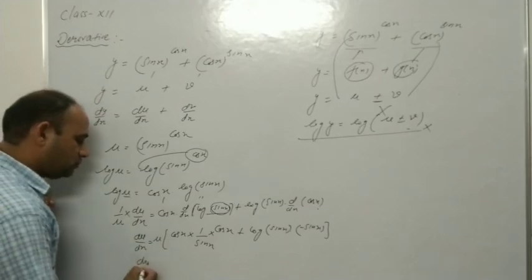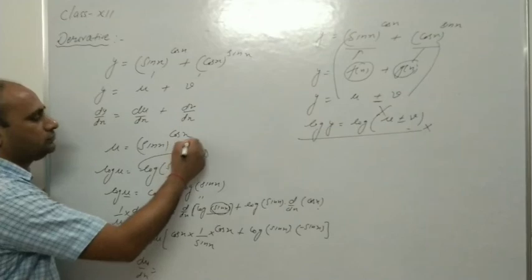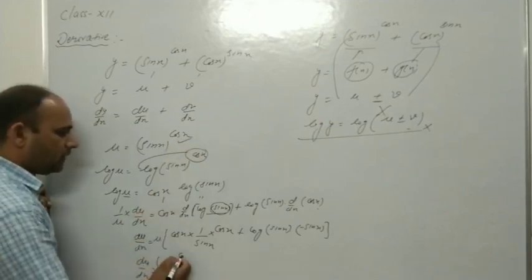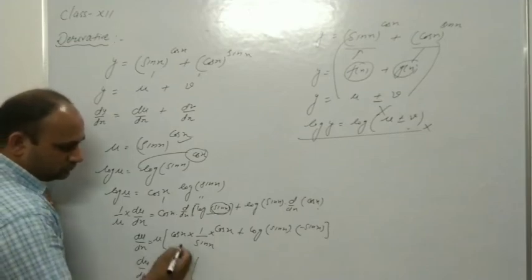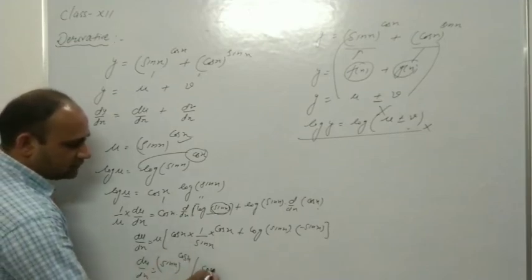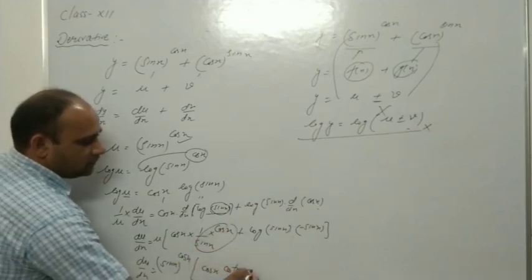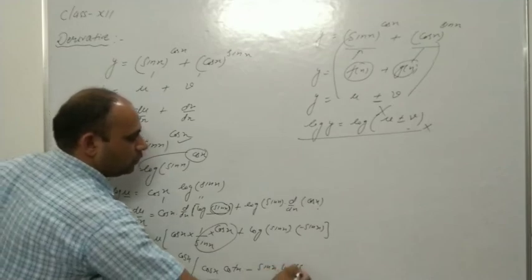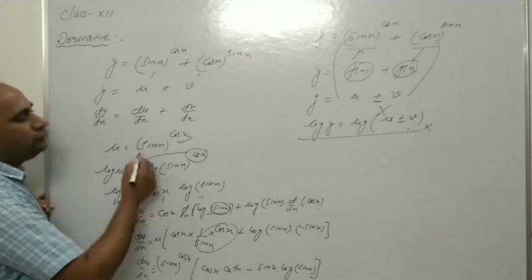So our du by dx is u, what is u? Sin x raised to the power cos x into cos x, cos by sin, cot x, minus sin x into log of sin x. Okay, it is derivative of u.